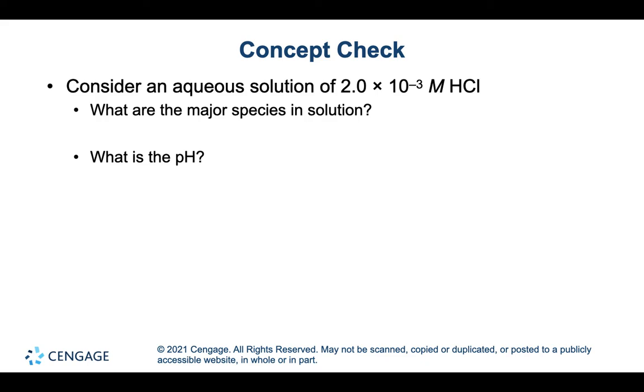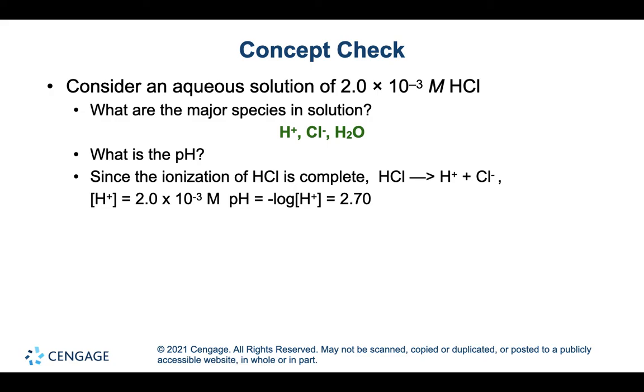So let's say we have a solution that's 2 times 10 to the minus 3 moles per liter HCl. What would be my major species? Well, my major species would be H plus and Cl minus and water, because you put HCl in water, it ionizes completely to H plus and Cl minus, and there aren't any HCl's left over.